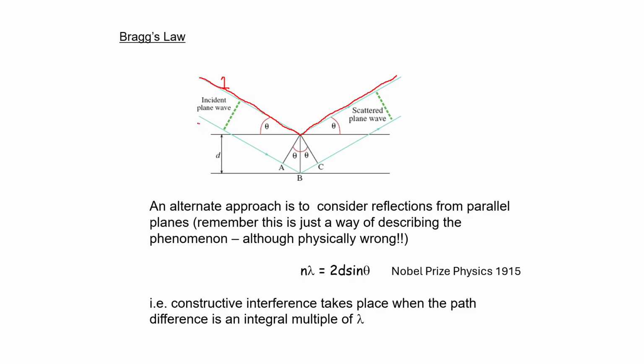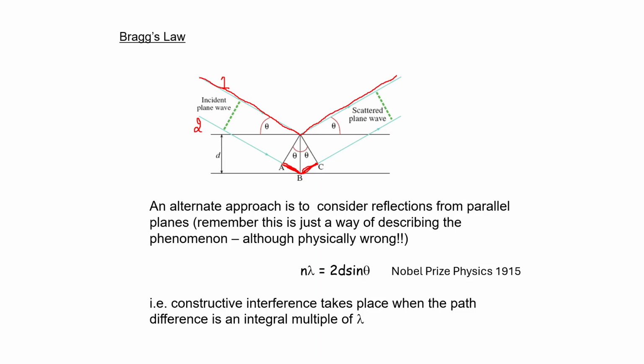And your wave 2 is also doing the same thing, but with the other plane, which is at a distance of d from the initial plane. So this wave is traveling a certain extra path, which is AB plus BC. This extra path is traveled by this second wave, which is wave 2.